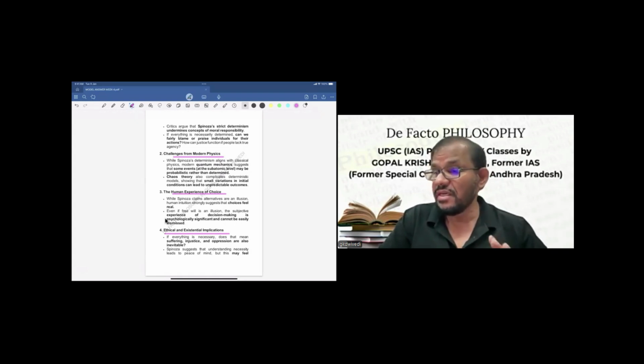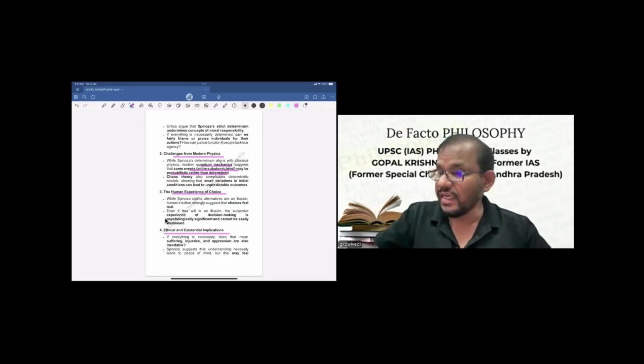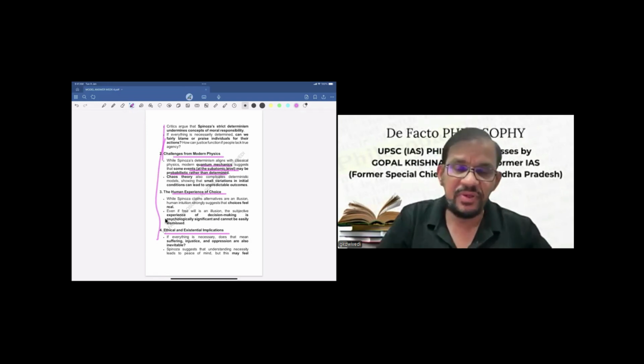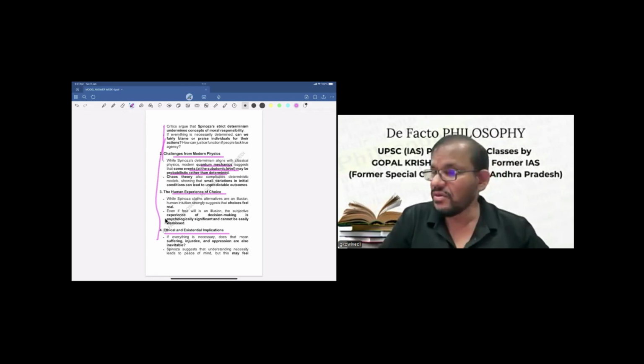Modern physics, quantum physics, says that at the subatomic level it's more a probability rather than determination. So we should also understand that quantum mechanics believes more in probability rather than determination. All these criticisms make a very strong point that Spinoza's determinism is not a very valid theory.